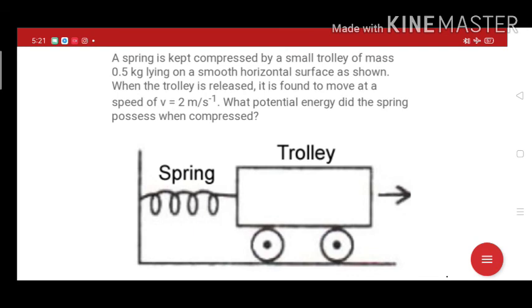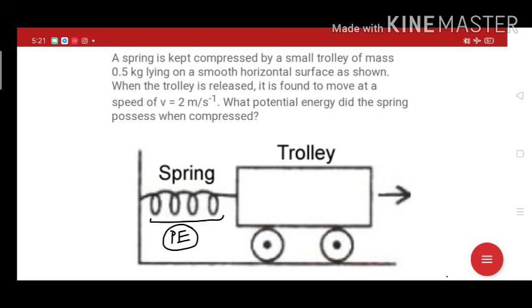Okay, fine. That means this trolley is compressing this spring, and now the spring is having a potential energy, and the type of potential energy is elastic potential energy.